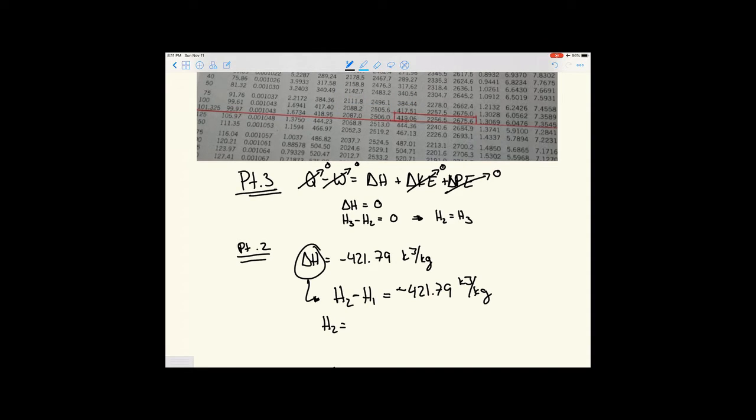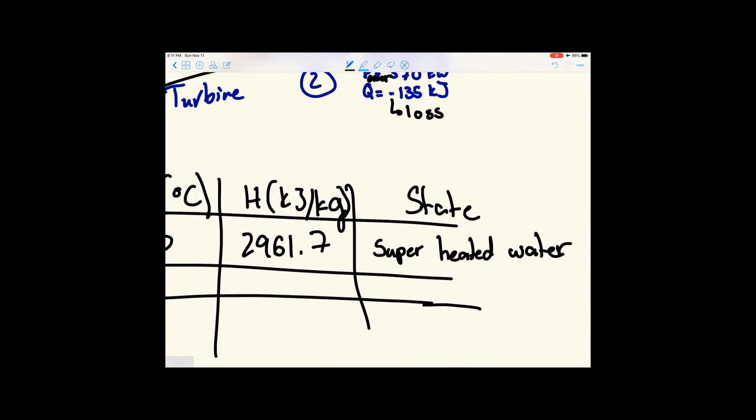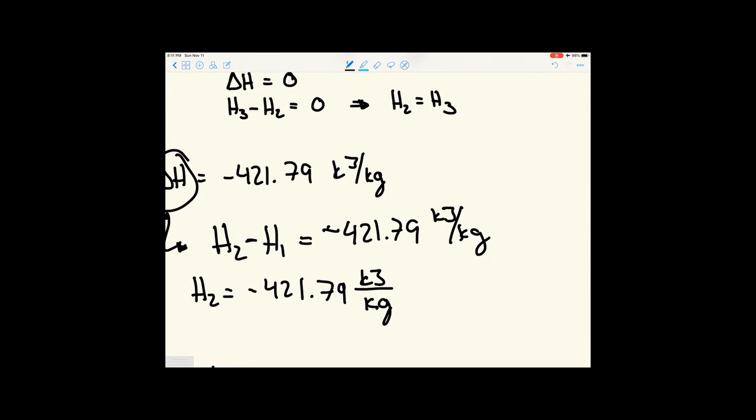This allows us to solve for the enthalpy at point 2 because, as previously determined from our neat little table, we already know the enthalpy at point 1. So we add that to the change of enthalpy value that we got in order to determine the enthalpy at point 2.